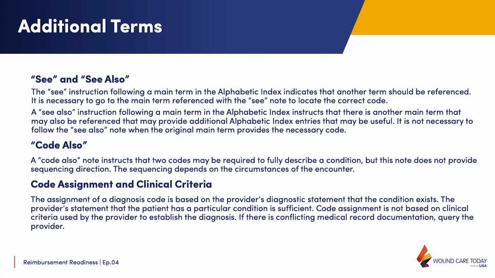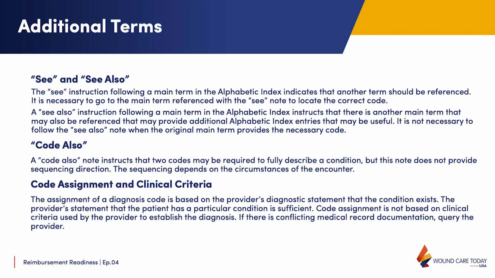You also saw a see and see also. The see instructions following the main term in the alphabetic index means that there's another term that should be referenced, and it's necessary to go to that main term referenced with a see note to locate the correct code. And a good example of that is laceration. You'll see a note that says see wound, open.